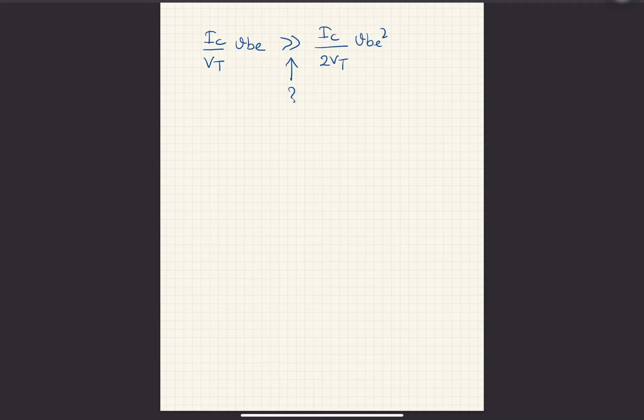What does this much larger mean? Let's say at least 10 times larger. This may change from textbook to textbook. In general, 10 times larger is good enough. So people use this notation, and therefore they say that IC divided by VT times VBE should be larger than 10 times IC divided by 2VT times VBE squared.